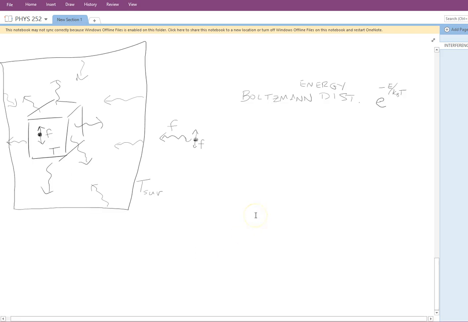What he does is he assumes that if you look at one of these oscillators right here, when Rayleigh and Jeans did this, they said this oscillator can have any energy at this frequency because it depends on the amplitude of the oscillation. The bigger the amplitude, the more energy is associated with that oscillator. In fact, if you think of a mass on a spring, it's analogous to that.